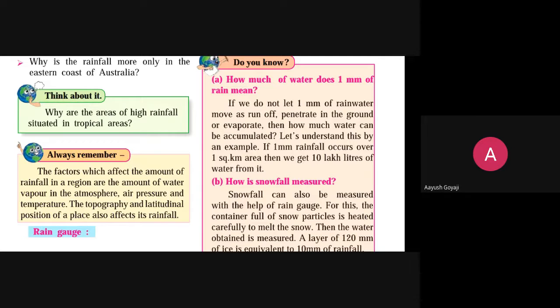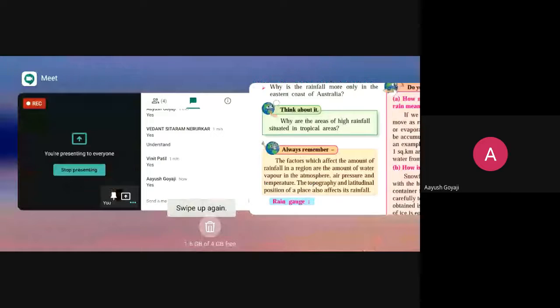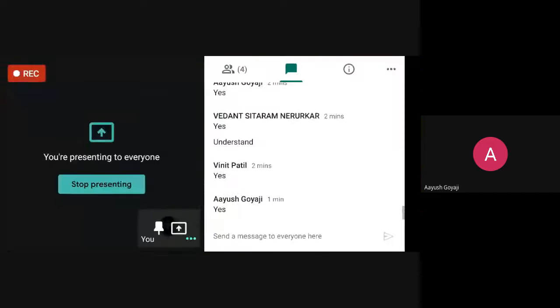See, if we do not let 1 mm of rainfall move as runoff, or penetrate in the ground or evaporate, then how much water can be accumulated? म्हणजेच काय बेसिकली फ्रेंड्स, आपल्याला माहित आहे जेव्हा रेनफॉल होतो तेव्हा ते वॉटर एकदम वाहून जातं, किंवा ते वॉटर जमिनीमध्ये जिरलं जातं.